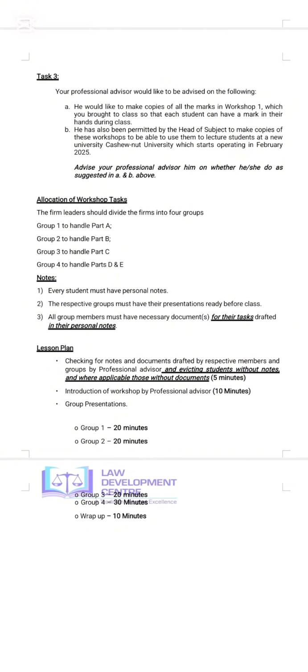He has also been permitted by the head of subject to make copies of these workshops, to be able to use them to lecture students at a new university, which starts operating in February 2025. So basically here I think we are also going to proceed under section 14, because it allows duplication for what we call fair use or academic purposes.